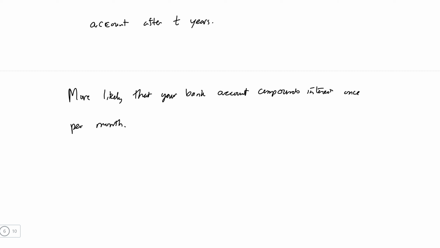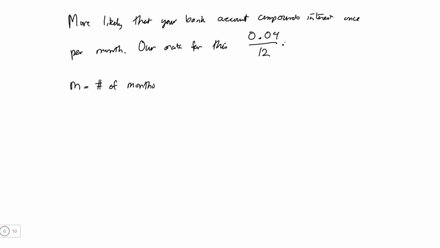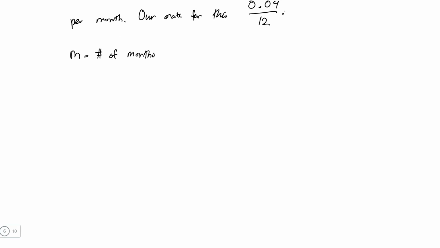Now our rate for this compounding, we take the annual percentage rate and we divide it by the number of compoundings per year. So if it's compounded monthly, we get 12 compoundings. So this is our interest rate for compounding once per month. Okay, so let's let m now be equal to the number of months. We'll work with months first, and then we'll change it into years at the end.